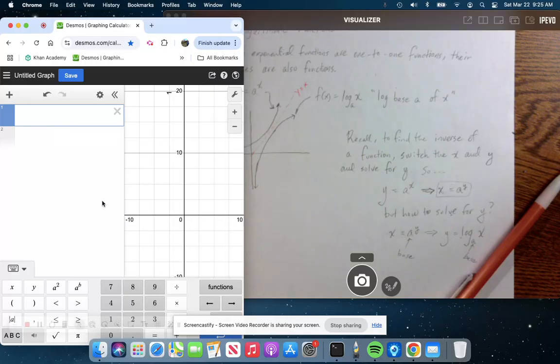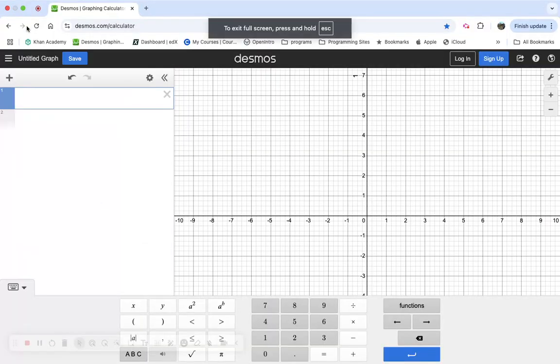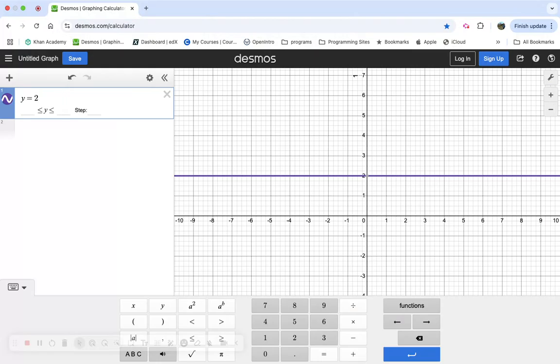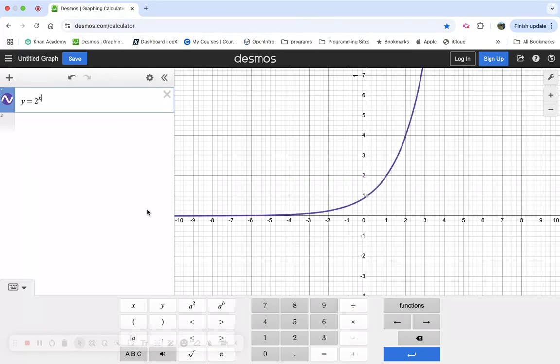So if I have y equals 2 raised to the x, here you have an exponential, and we'll graph the inverse here, which would be y equals log.